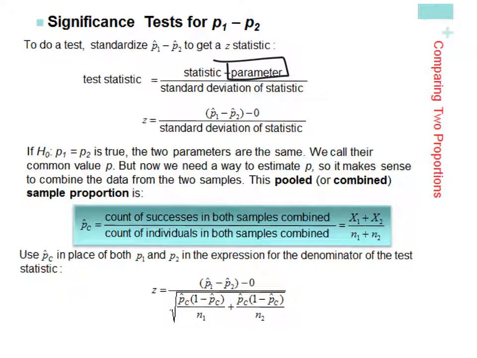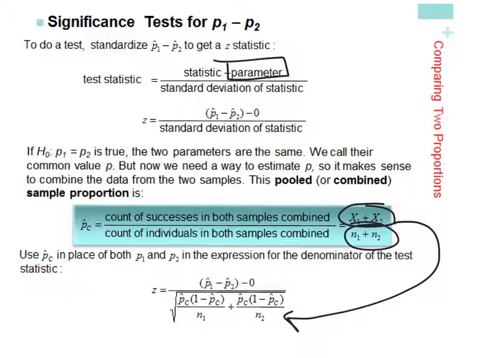Notice down here in our standard error formula, this is the one and only time pooling comes up, but we use what's called a combined proportion. Simple calculation comes from adding the successes over the sum of the sample size.